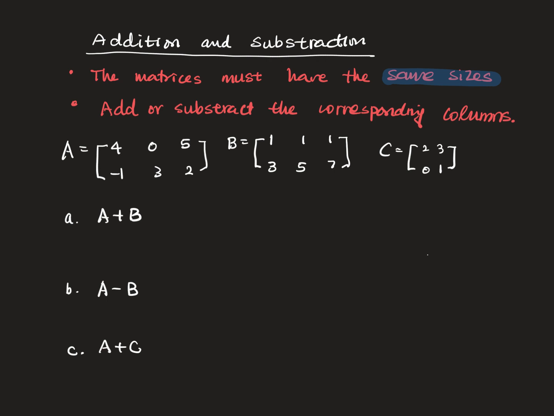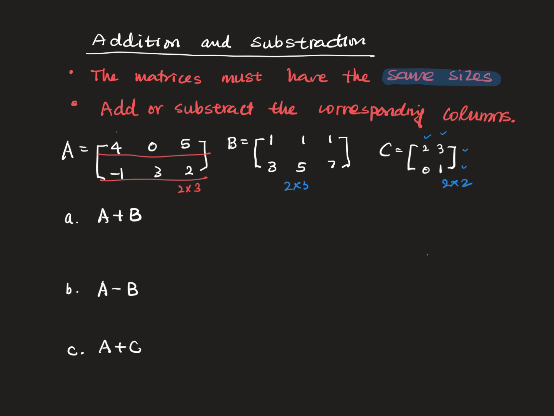What is the size of matrix A? This matrix has 1, 2 rows, and 1, 2, 3 columns. So it's a 2 by 3 matrix, right? How about this one? This one is also a 2 by 3 matrix. The size is exactly the same. How about C? 2 rows, 2 columns, a 2 by 2 matrix.